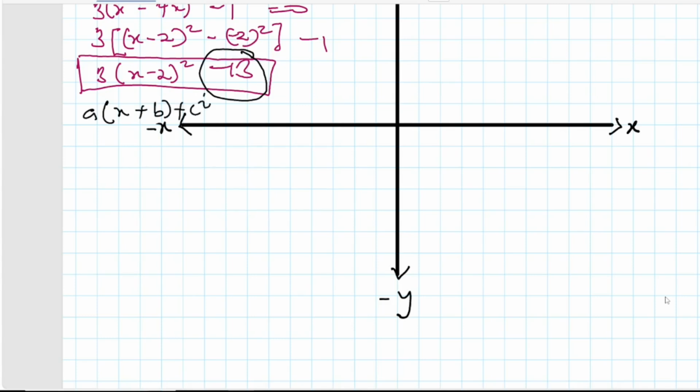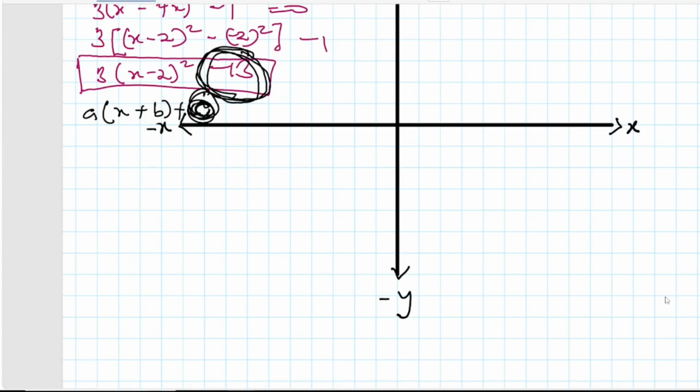The value c is a maximum or minimum value of the curve, depending on whether the curve is a minimum or a maximum curve. So over here, the negative 13 is the minimum value of the curve.